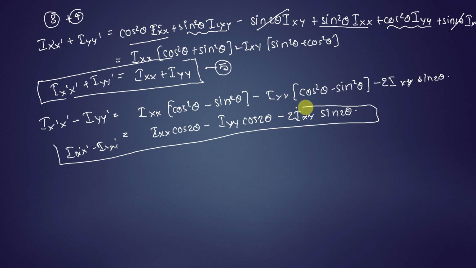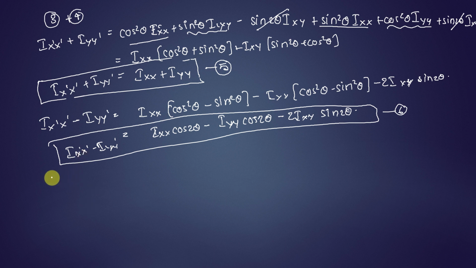Take it as equation number 6. Now it is not over, so let us add equations 5 and 6. If you add them, Iy'y' will be cancelled and you get 2Ix'x', that is, you are finding the value of Ix'x', the new moment of inertia about the x' axis in terms of old moments of inertia and theta.